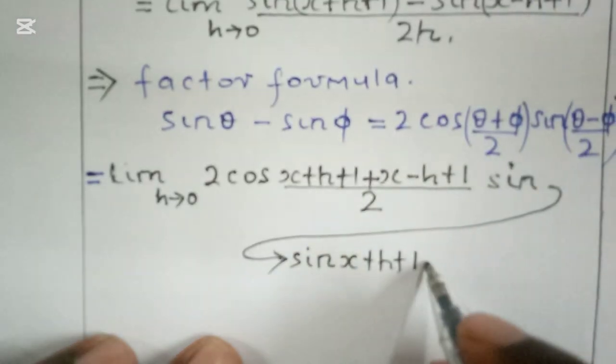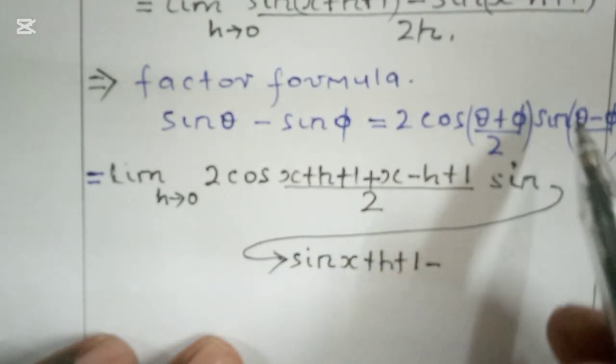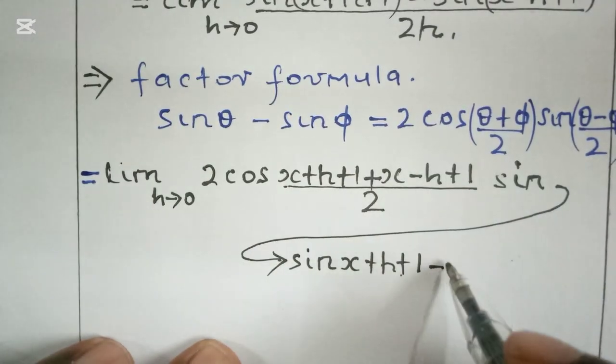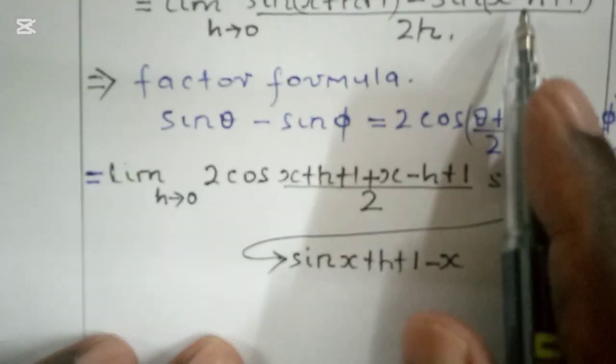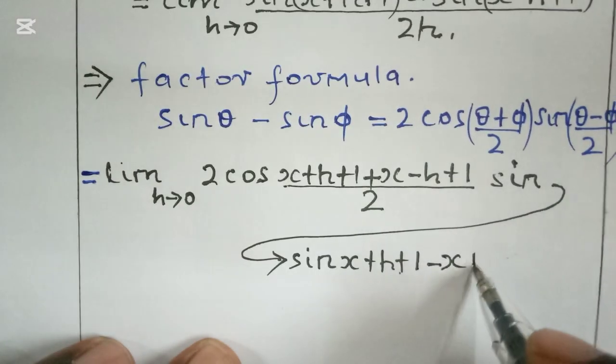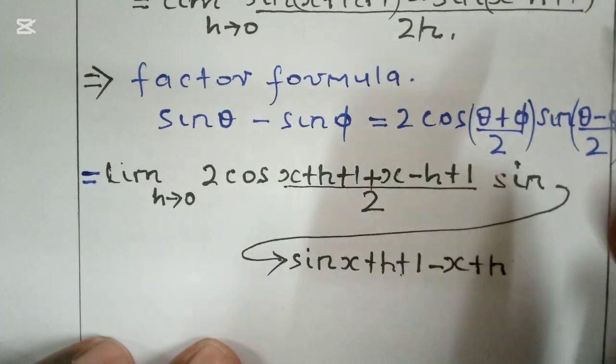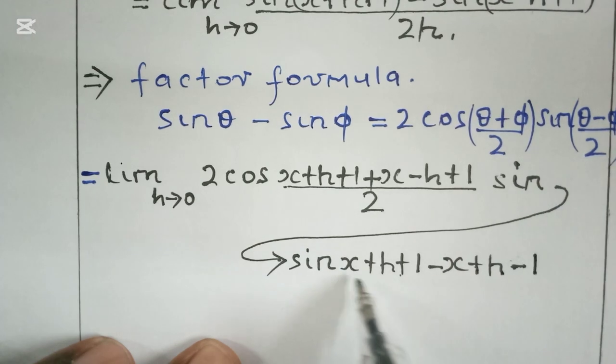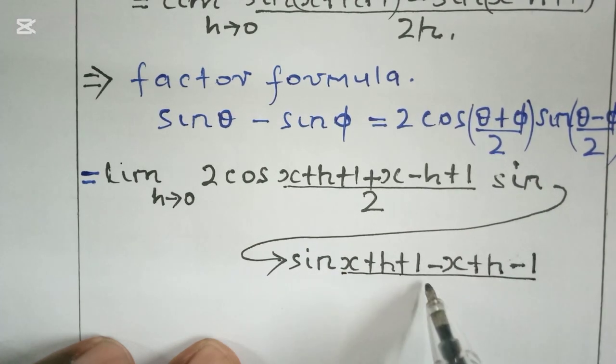Because of this minus, the signs are going to change here. So you have minus x plus h and then minus 1, this all over 2.